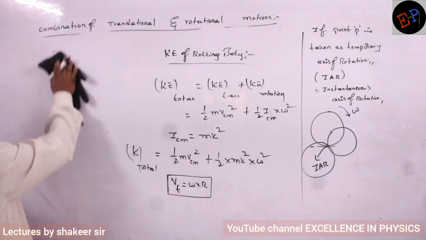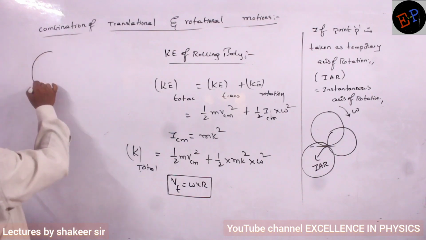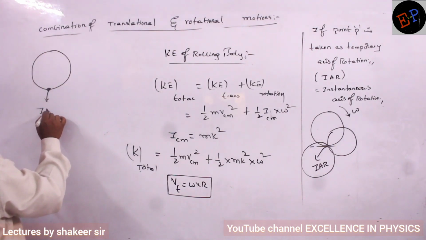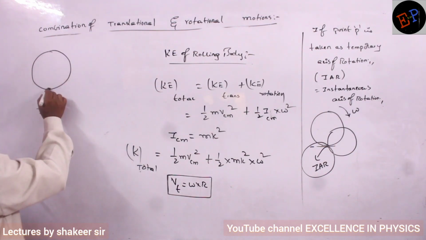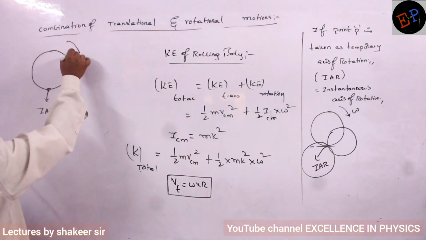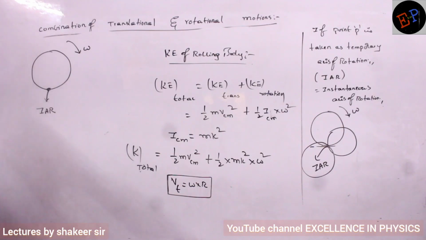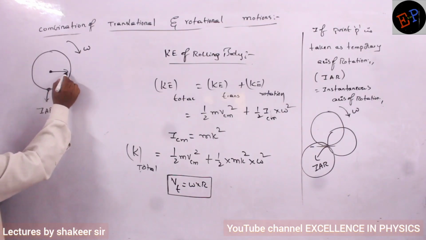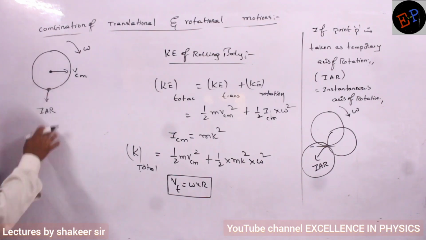I will write here. So this point is point B, which is instantaneous axis of rotation, the point which is in contact with the ground, and it is rotating with an angular velocity of omega. Now this velocity is called V center of mass, velocity of center of mass.